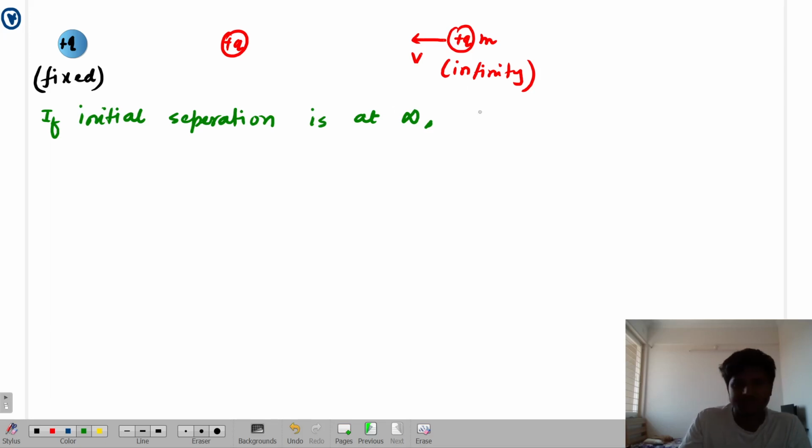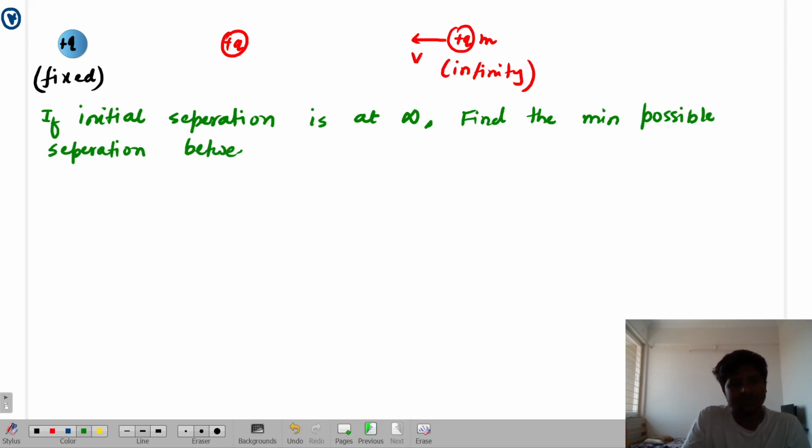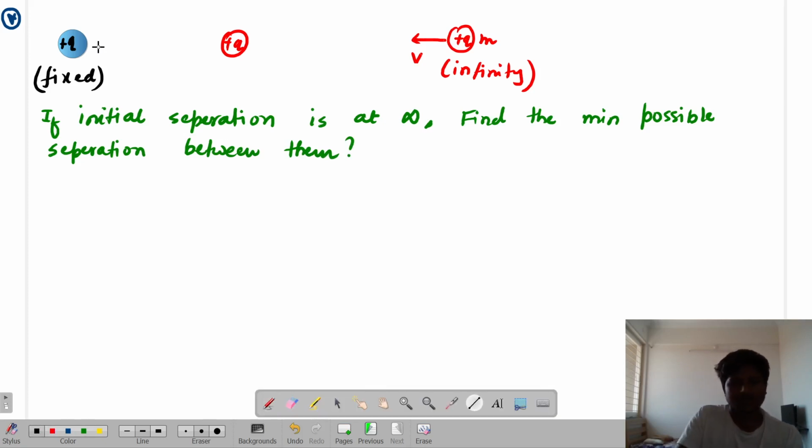Find the minimum possible separation between them. Means after coming here, somewhere at r distance, its velocity will become zero, isn't it?